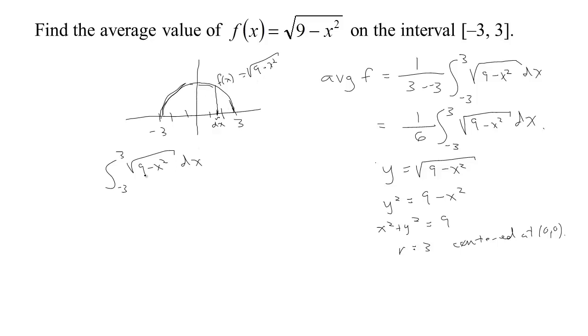So this is calculating the area of one slice, and we are smoothly summing up all of those slices to get the total area. Well, I know how to get the total area another way, because I know that the area of a circle is pi r squared. So if we had the whole circle, since the radius is 3, the area would be 3 squared times pi, or 9 pi. But since we only have a semicircle, then the area will add up to be 9 pi over 2, right? Half the area of a full circle.